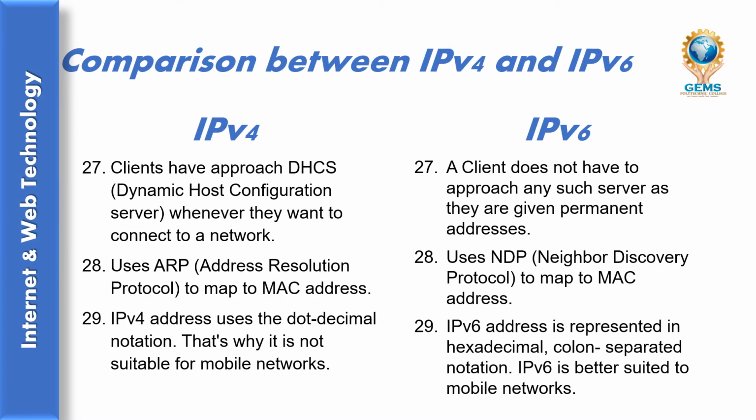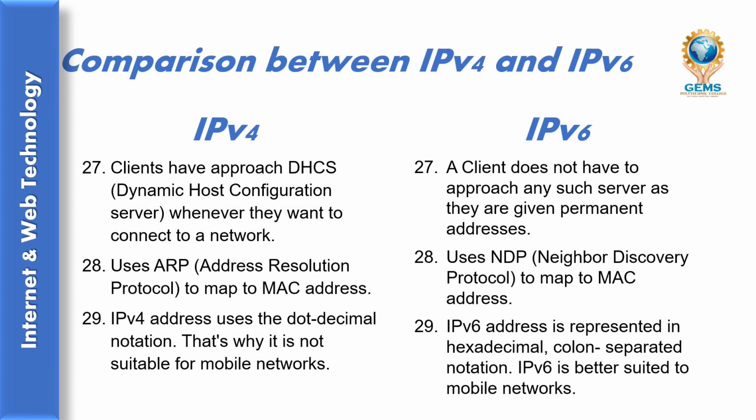In IPv4, clients have to approach a server whenever they want to connect to a network. But in IPv6, the client does not have to approach any such server as they are given permanent addresses. IPv4 uses address resolution protocol to map to MAC addresses. IPv6 uses neighbor discovery protocol to map to MAC addresses.